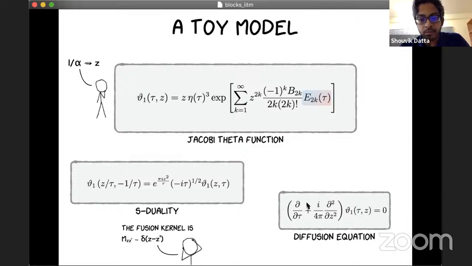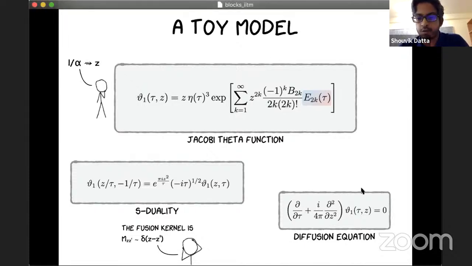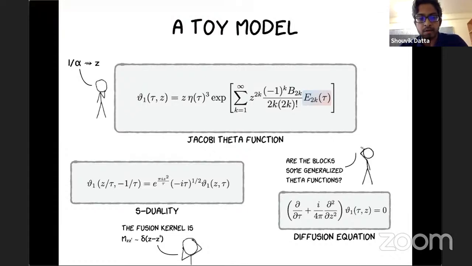And furthermore, this θ1 is also a solution to the heat equation or the diffusion equation, which is a slightly different form to the equation which I showed in the previous slide, but it also obeys a diffusion equation of this form. So all of this makes you wonder: are the blocks some kind of generalized theta functions?